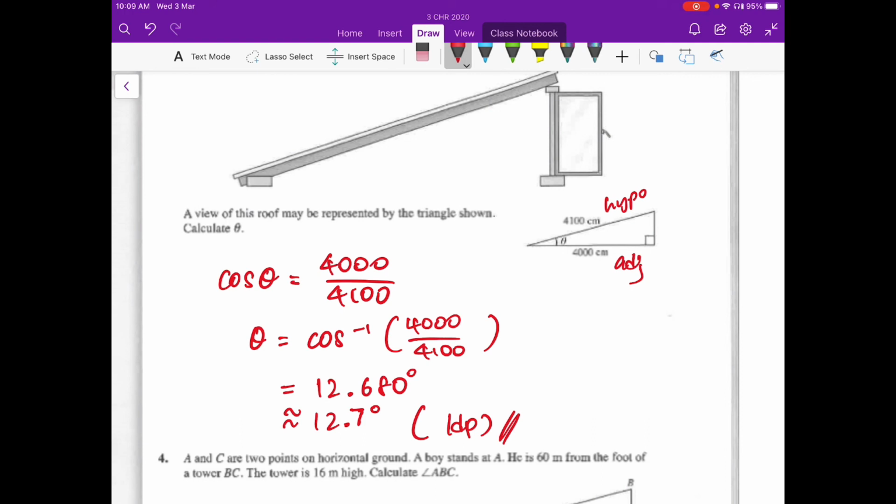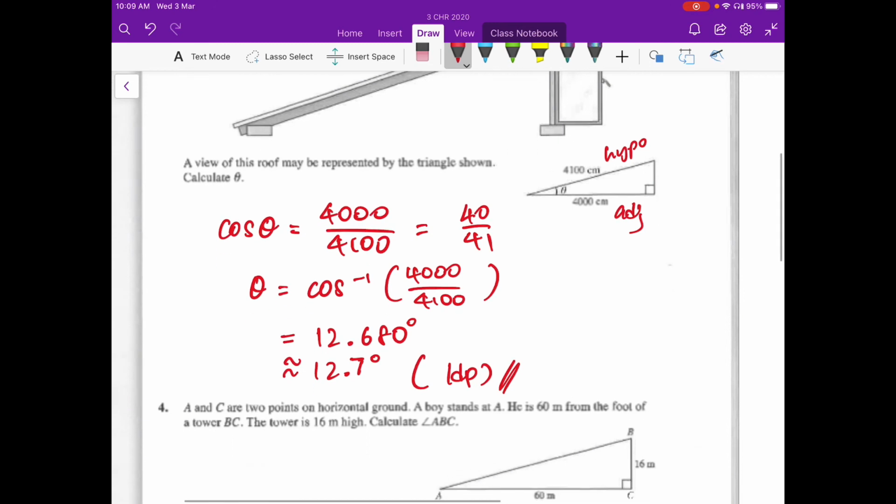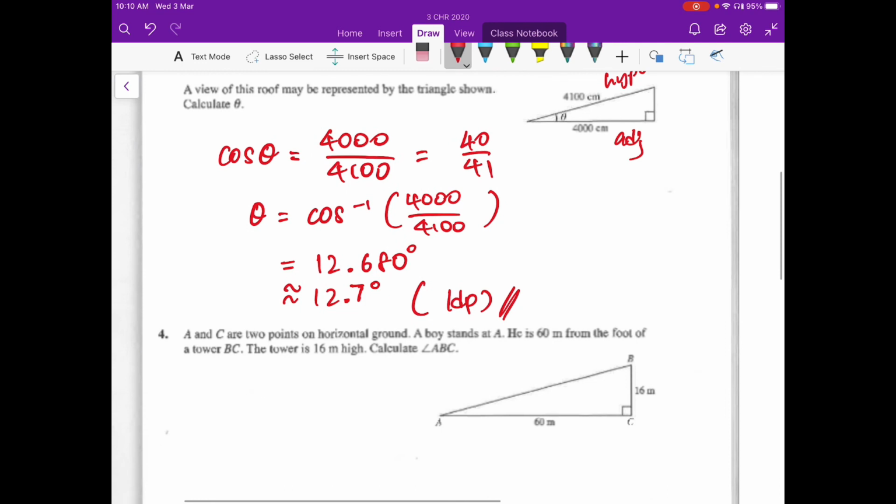Okay, all check your answer. Your presentation. I noticed many of you actually try to simplify this to become 40 over 41. It is not necessary, but it is not wrong either. You can do it if you want to.